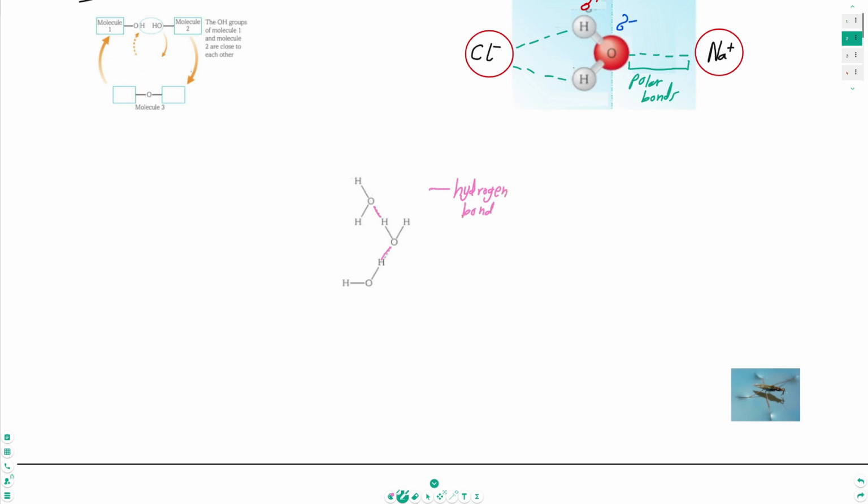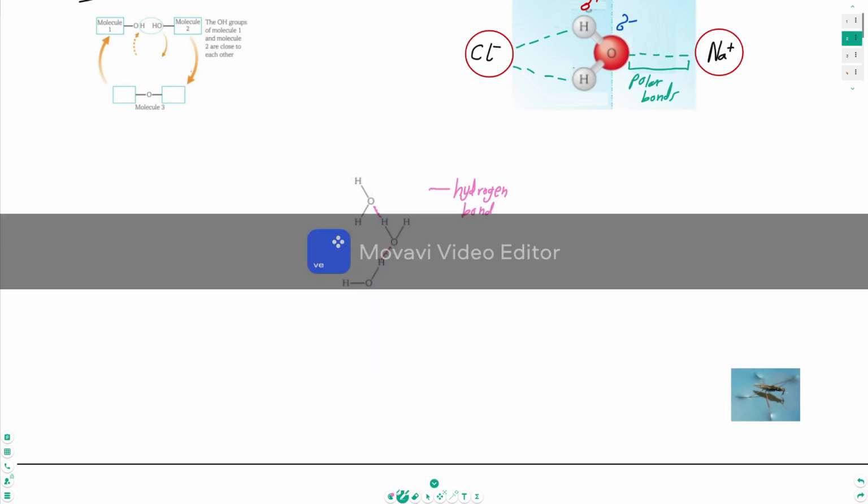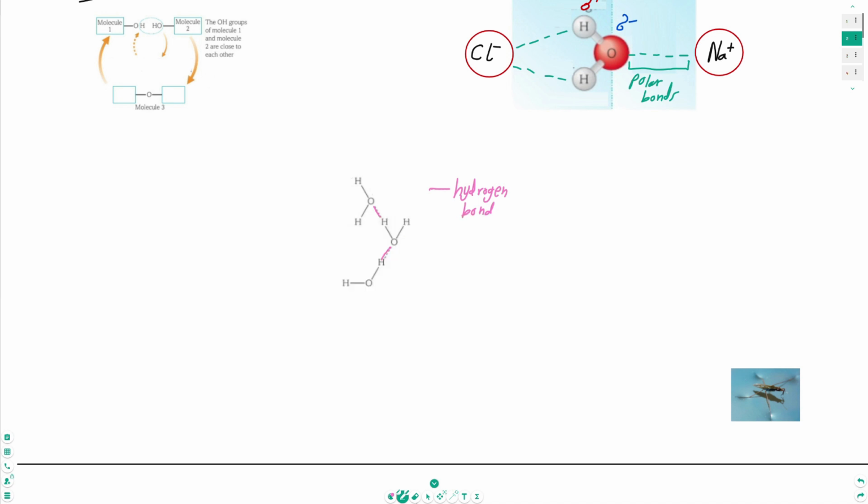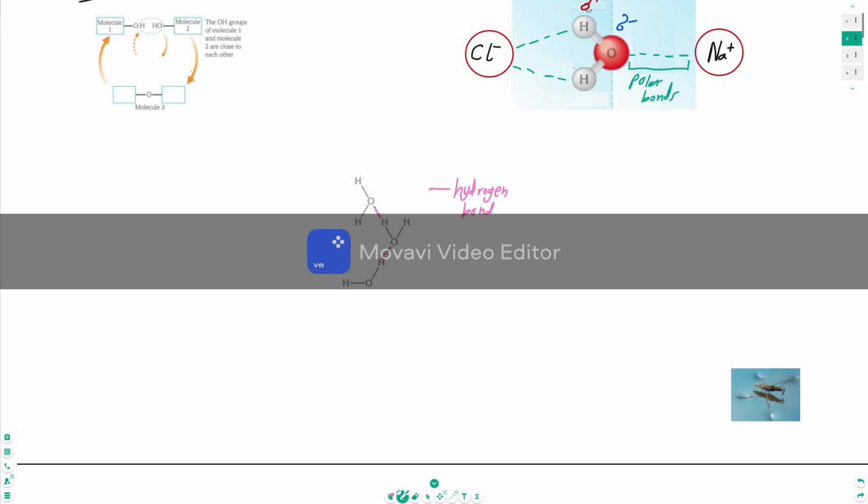So a hydrogen bond is a weak interaction. It's not as weak as van der Waals forces, but it's slightly stronger than van der Waals forces. It occurs when molecules, such as water, contain a slightly negatively charged atom, such as oxygen, bonded to a slightly positively charged hydrogen atom.